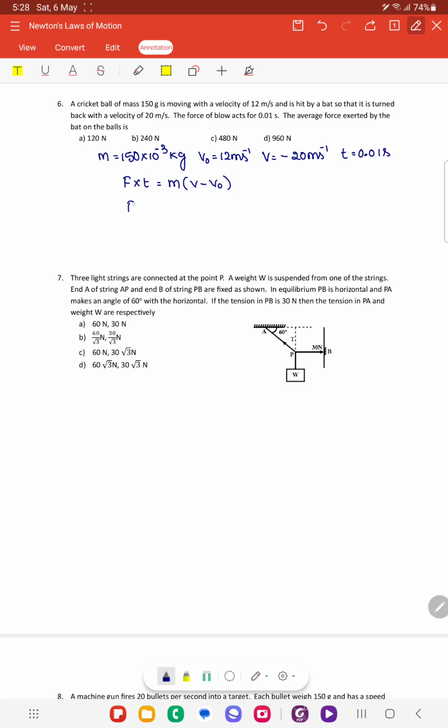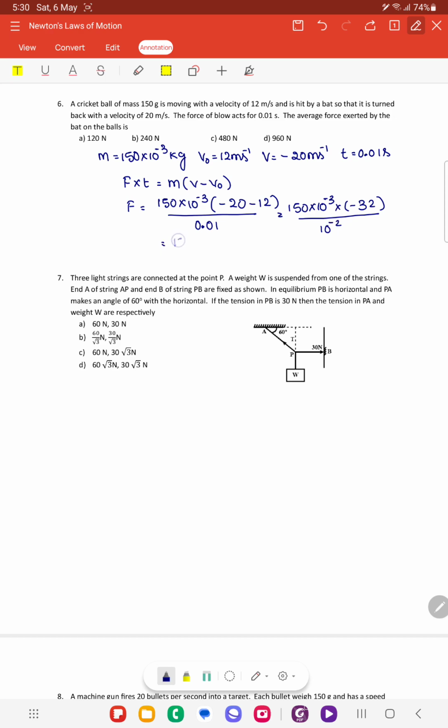So F is equal to mass, 150 into 10 raised to minus 3, times v minus v naught, that is minus 20 minus 12, which is minus 32, divided by the time 0.01 second, which we can write as 10 raised to minus 2.